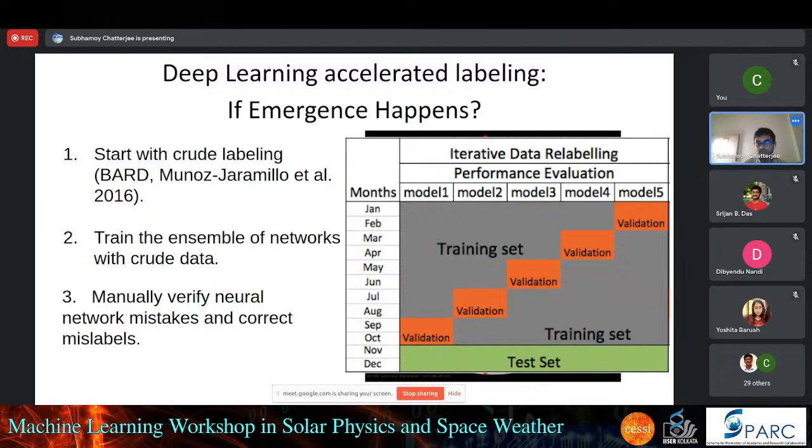In that case, you correct that mislabel. If the model was incorrect and the original label is correct, you don't touch it, right? And you do it for each of these training validation combinations to look at the entire set of videos. And then we iterate this entire process until we find convergence.